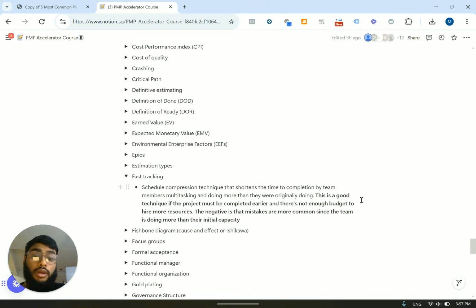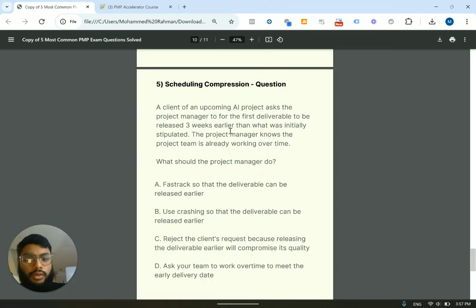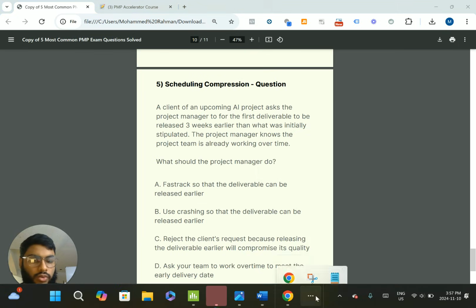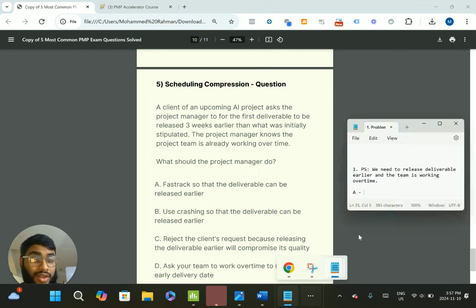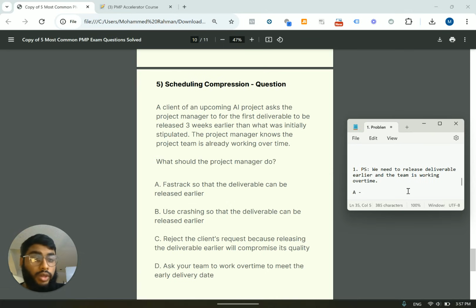Okay, so this is good if the project must be completed earlier and there's not enough budget to hire more resources. However, right now in our case, the team cannot handle more. We know that the team is at their capacity because they're working overtime. So I'm not going to choose this right away, okay? I'm going to eliminate it because it counters what's in the problem.